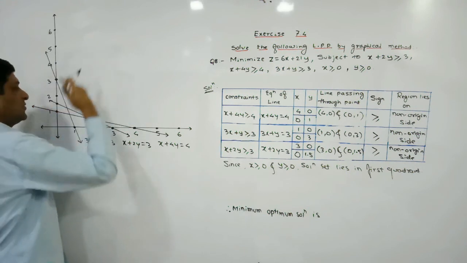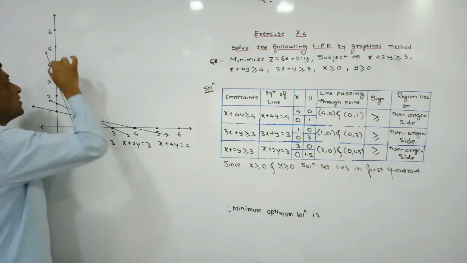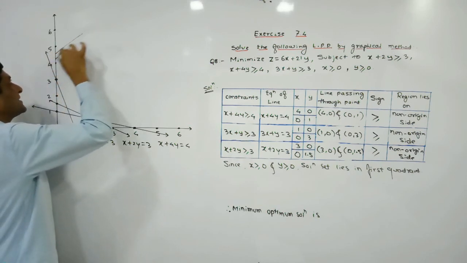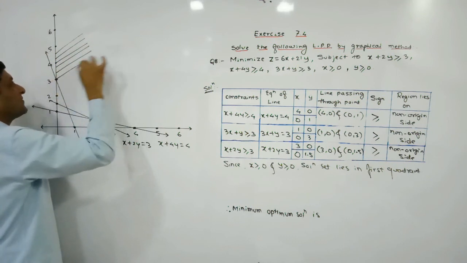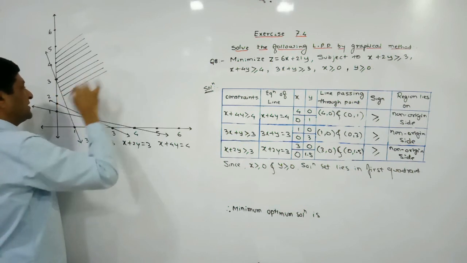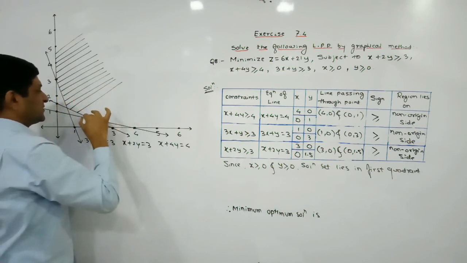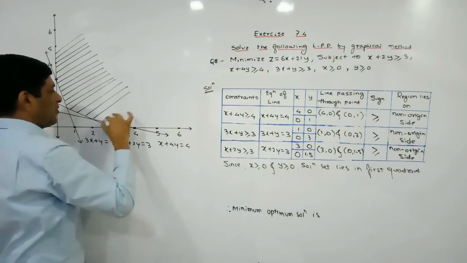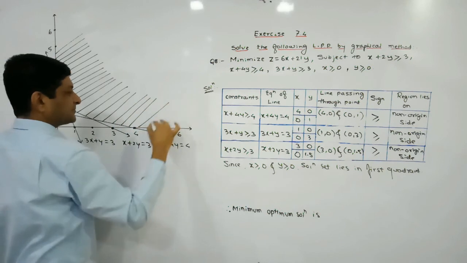For the first line non-origin, for the second line non-origin, and for the third line also the non-origin side part. So easily we can say that the shaded portion in this figure is the feasible solution, or feasible region, meaning the set of all points which satisfy all the constraints.